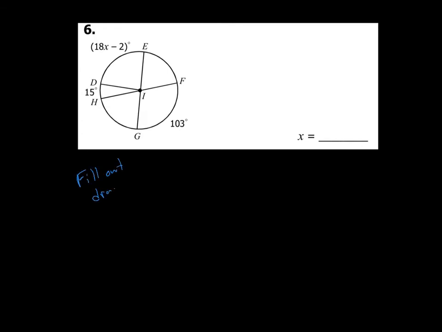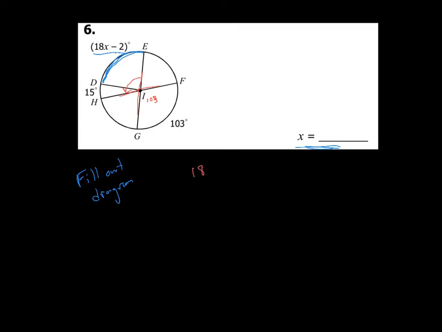Fill out the diagram a little bit, see what's going on here. So they want me to find the value of x, and I see that 18x minus 2 is this angle, or this arc measure up here. I also notice this is 103 degrees, so is that whole piece right there.